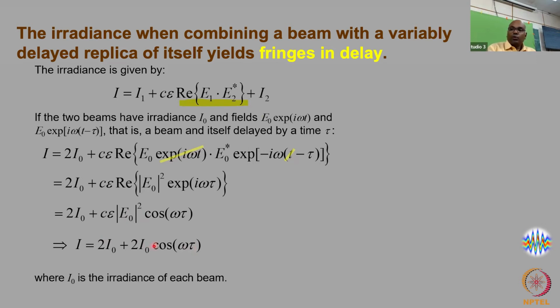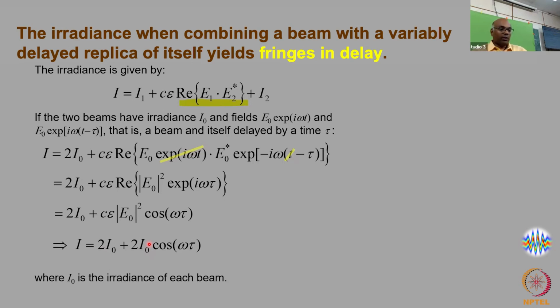But before we do all that and tweak, let's realize that I naught was 1/2 C epsilon absolute value square of E naught. So since that is the case, we essentially have here I to be twice I naught plus twice I naught multiplying the cos omega tau term. Okay, cos omega tau can take values between -1 and +1.